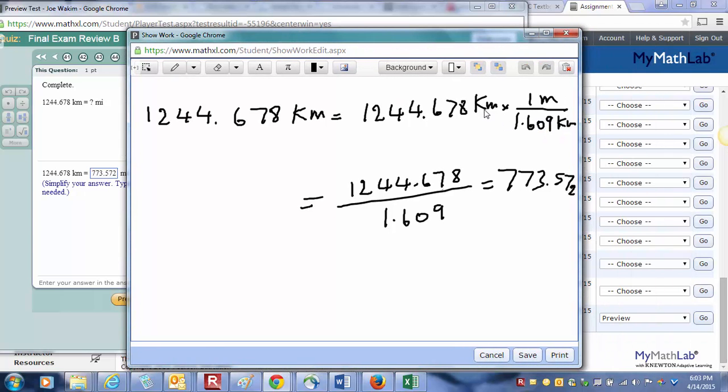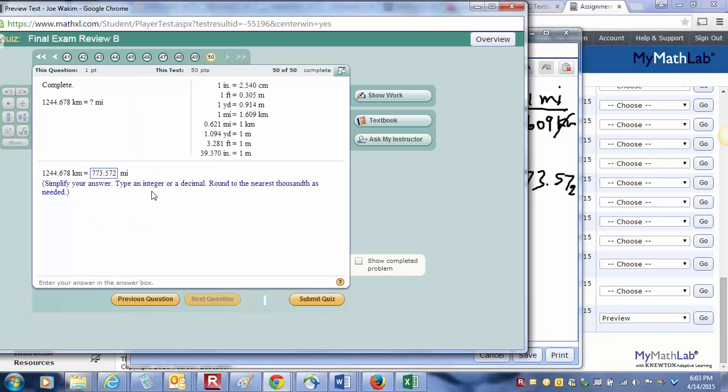So since I want to cancel the kilometer, I put the kilometer in the denominator and the miles in the numerator. The kilometer will cancel with the kilometer, so all we have to do is divide those two numbers. We end up with 773.572 miles, and they want the answer to the nearest thousandth, so 3 digits after the decimal, and that's it.